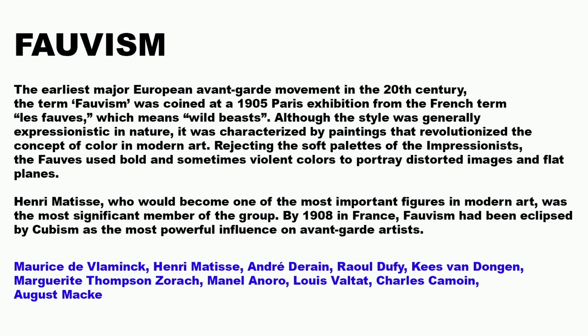Rejecting the soft palettes of the Impressionists, the Fauves used bold and sometimes violent colors to portray distorted images and flat planes. Henri Matisse, who would become one of the most important figures in modern art, was the most significant member of the group. By 1908 in France, Fauvism had been eclipsed by Cubism as the most powerful influence on avant-garde artists.